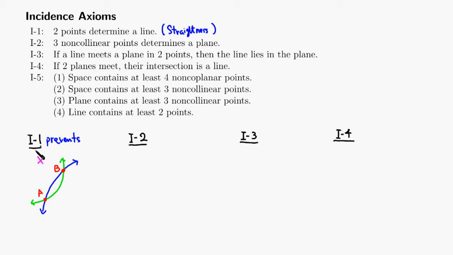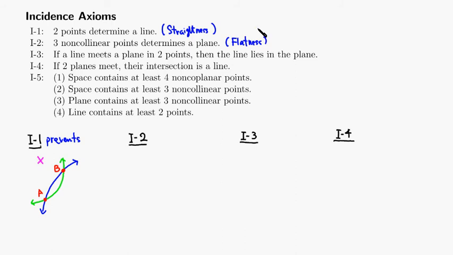All right. Then how about I2? It says that when you have three non-collinear points, which just means that all 3 points cannot be on the same line, they determine a plane. So if you have three non-collinear points, there must be exactly one plane containing all 3 points. So we are basically giving our geometry the concept of flatness.